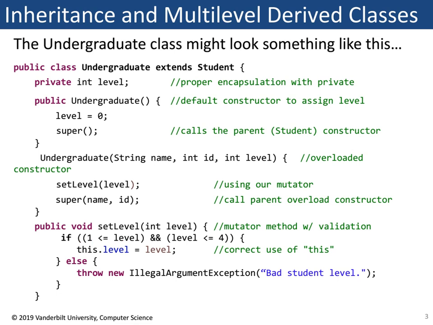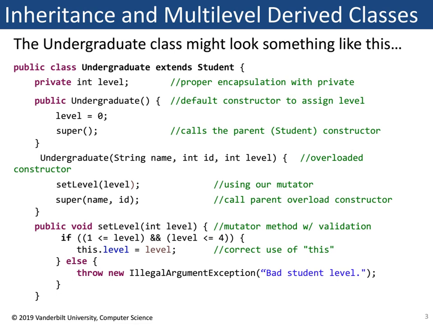However, by using this mutator method, we're able to validate and say, no, the parameter has to be between 1 and 4 to represent a valid undergraduate year. And if it's not, we will throw an illegal argument exception. So if this value, which is passed in this level parameter, is outside of this valid range, we will throw this exception.